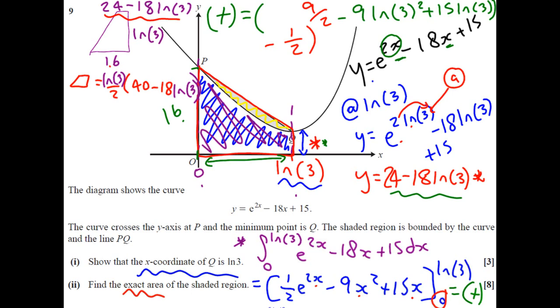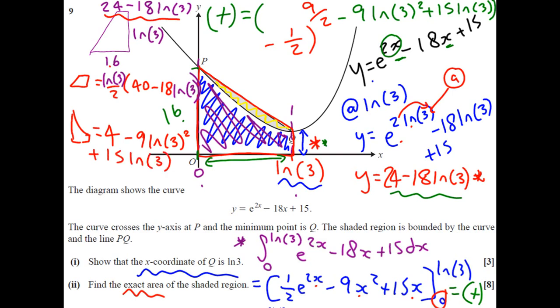All that is going to simplify, and I'll do a little diagram here. It's actually like that, isn't it? All that is going to simplify, 9 over 2 minus a half is just going to be 8 over 2, which is 4, minus 9 ln 3 all squared, plus 15 ln 3.